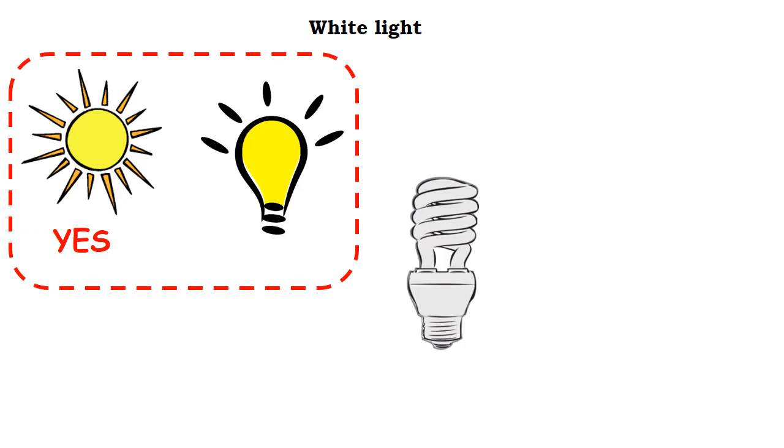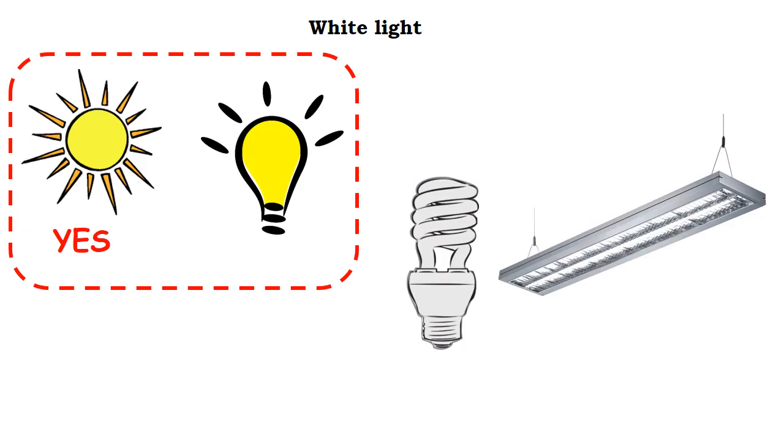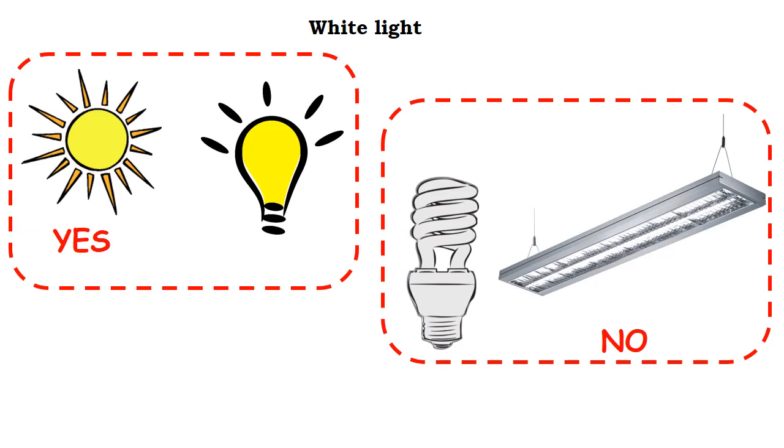The compact fluorescent lights, or the lights that are in the room that you're probably sitting in right now, these are fluorescent lights, and these are not sources of white light. These are actually elements inside that are being energized using electricity from the building, and that energizes an element. They are usually mercury lights.